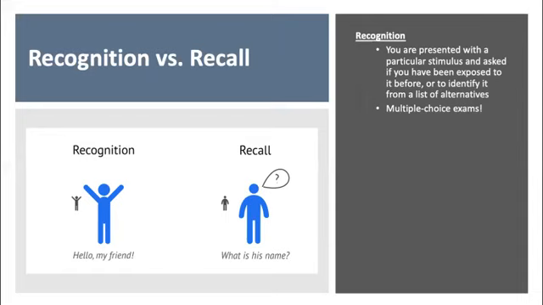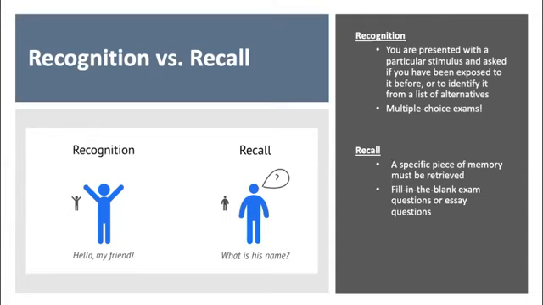This probably sounds familiar. This is what you're doing when you take a multiple choice exam. You're presented with information you've seen before, and you're asked to recognize or select it from the incorrect information. So that's the kind of memory you're calling on when you're taking multiple choice exams.